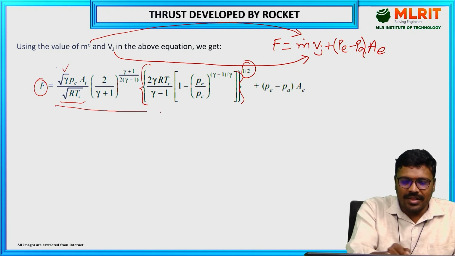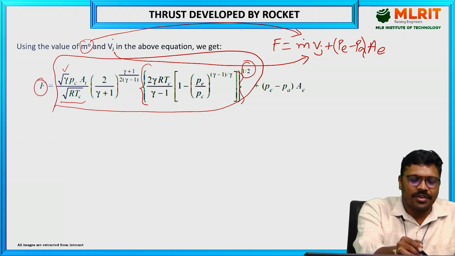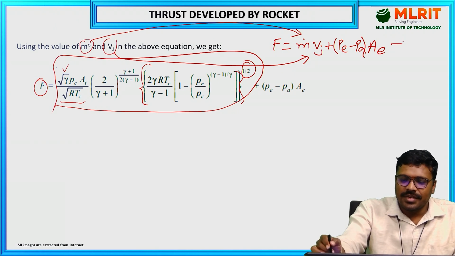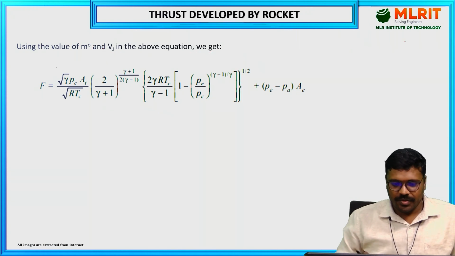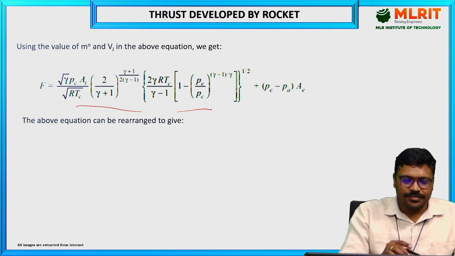So this is the term we get after substituting m dot and Vj in equation 1. Further, we can simplify this. This is the final equation we get.